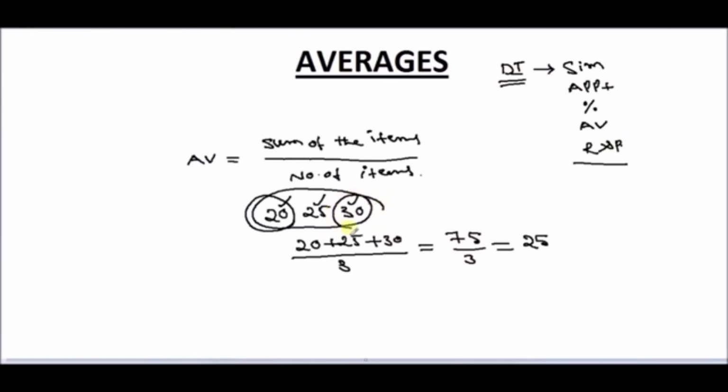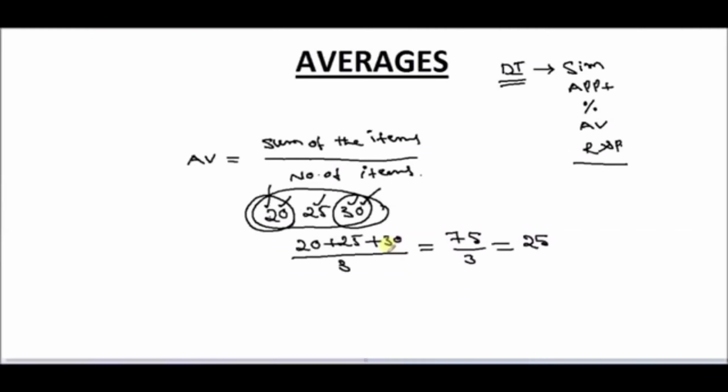So the average should be greater than the smallest finding and less than the largest finding. That is one very important thing.